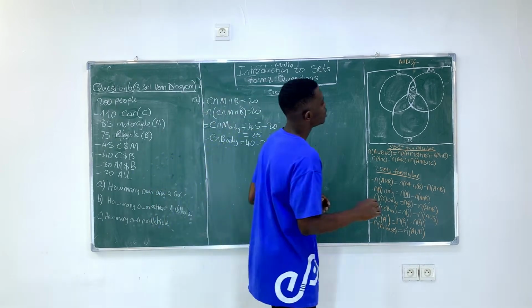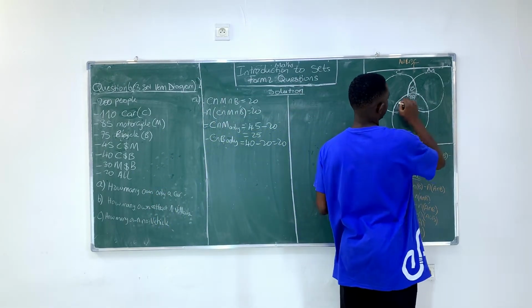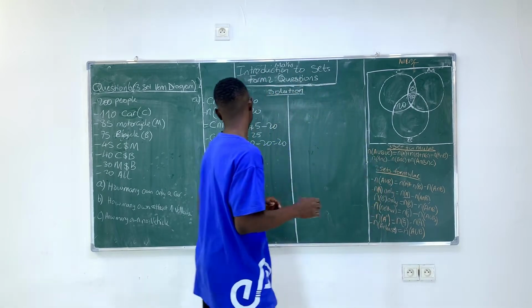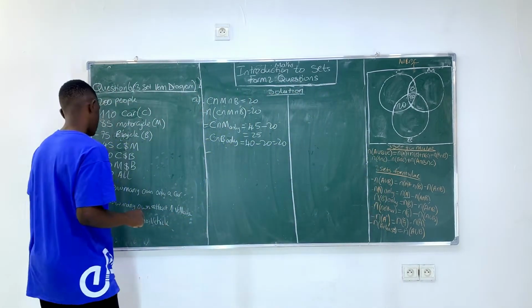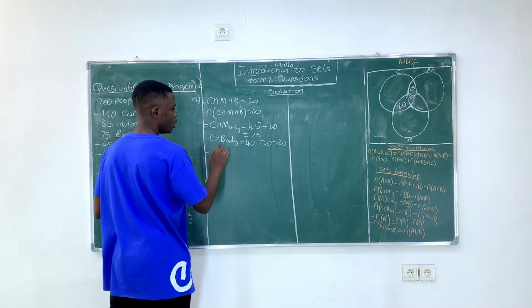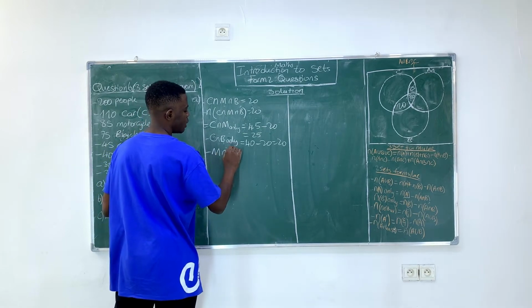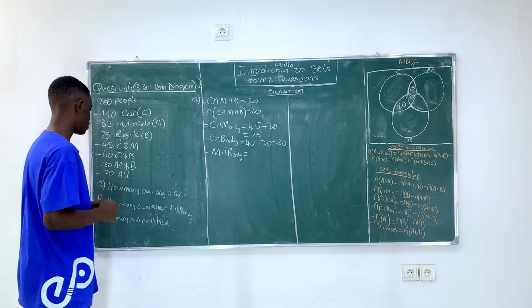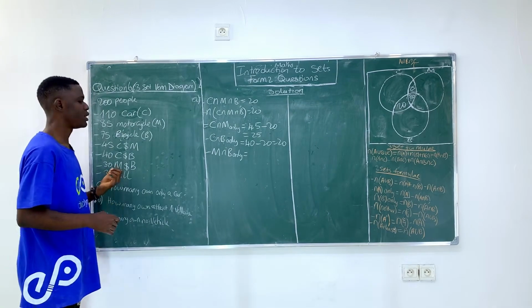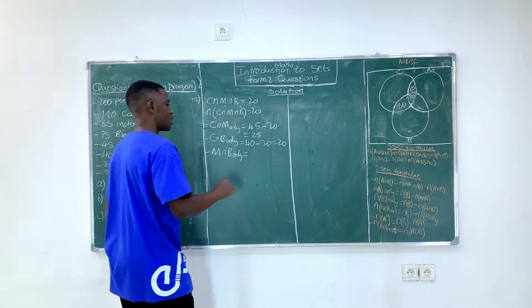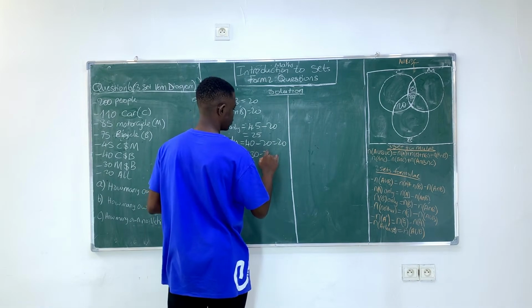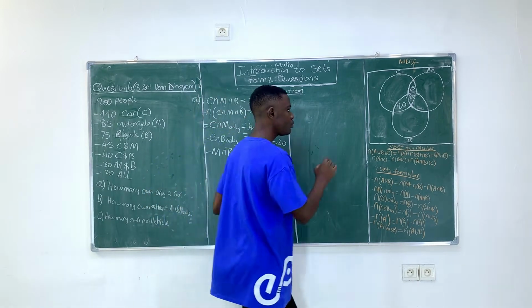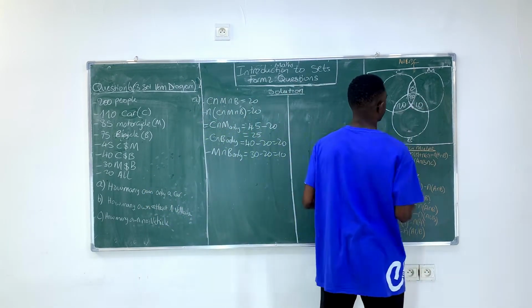That gives us 20. Car intersection bicycle only, we have it as 20. So the next thing will be motorcycle intersection bicycle only. What is that going to be? This 30 minus the 20 of the intersection, so we have it as 10.